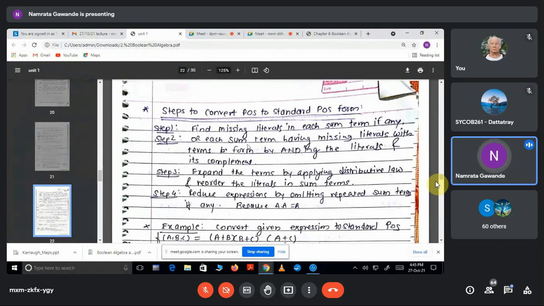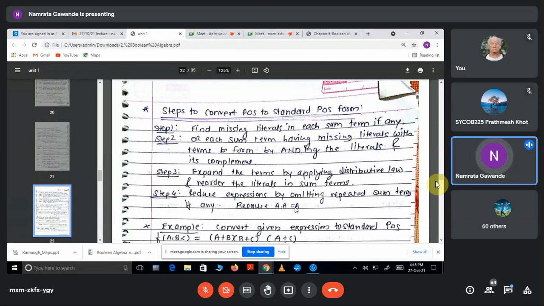So OR each sum term having missing literals with terms formed by ANDing the literal and its complement. Then expand the terms by applying the distributive law and reorder the literals in the sum terms. Then reduce the expression by omitting the repeated sum terms, if any, because A dot A equals A, right?